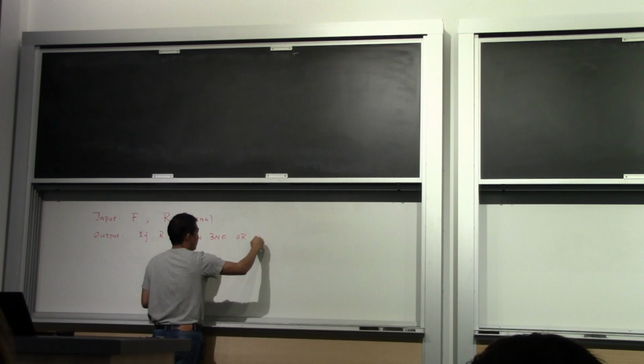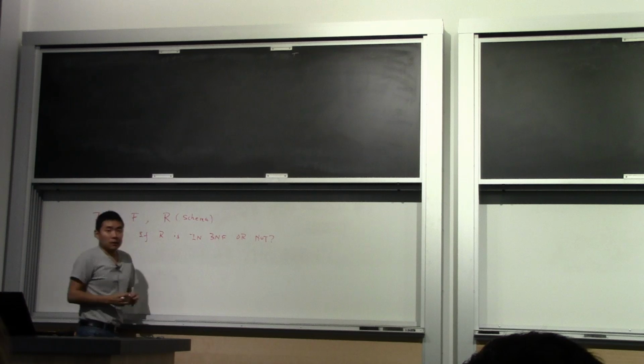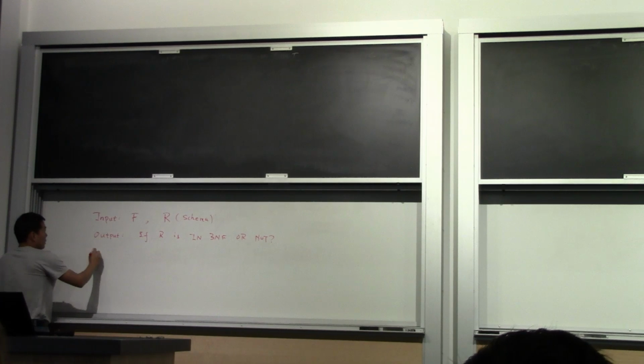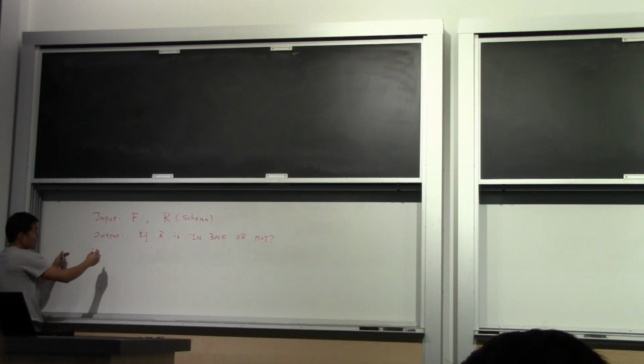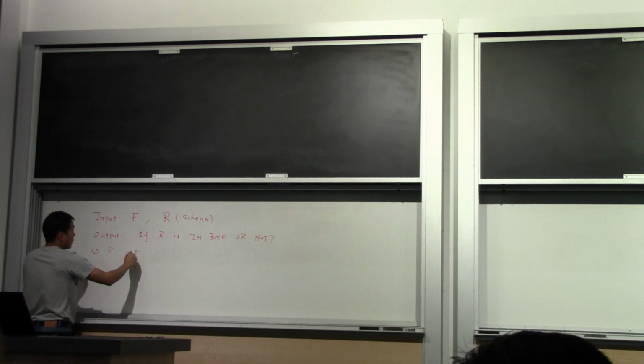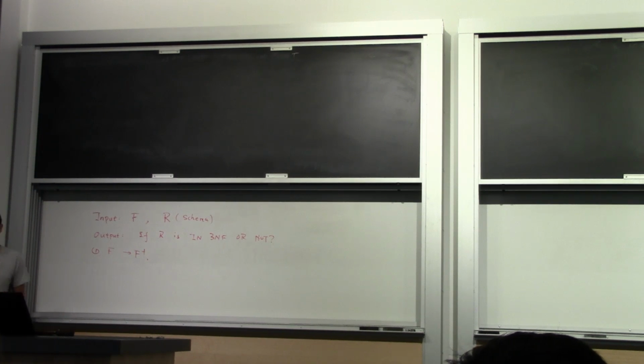So that's the problem we're trying to solve here. And step one you want to check is, from F you want to derive the closure of F. You want to find all the functional dependencies that actually hold with respect to your input schema.